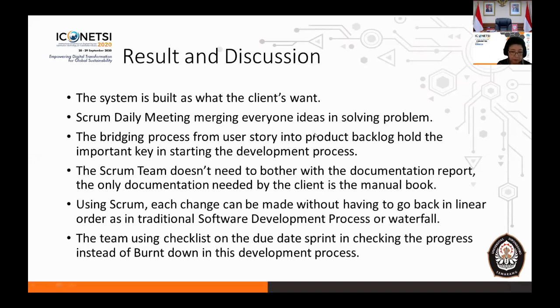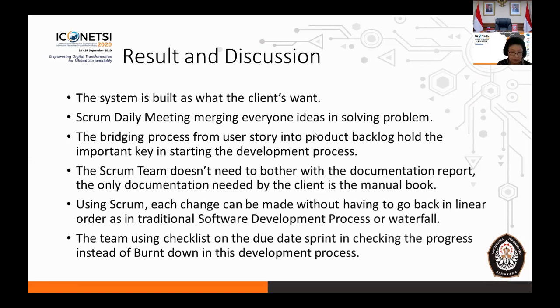Here, the Scrum team doesn't need to bother with the documentation. We only need to build the manual book. In using Scrum, each change can be made without having to go back in order as in the traditional software development process. In developing this system, there were several changes from the client. By using the Scrum model, we don't need to go back to the first step of the method.